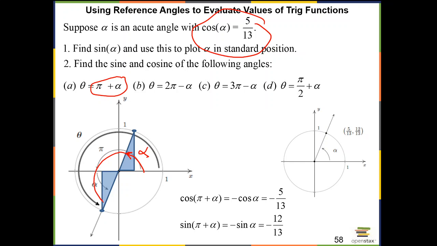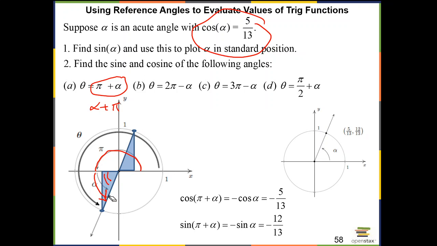If you add 180 to it, we get here. And you can think of it as pi plus alpha: here's pi, and then here is alpha. Obviously, here alpha is the reference angle.